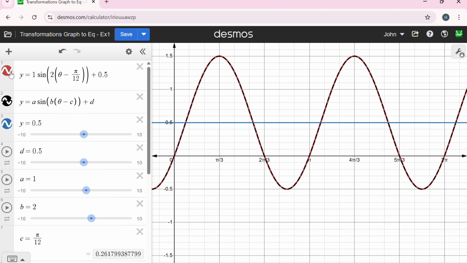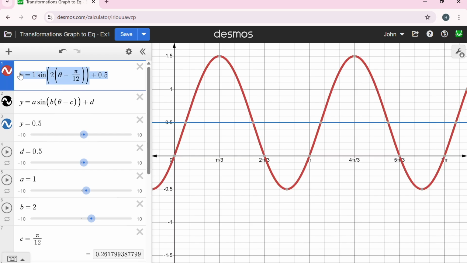Sure did, because there's our y equals 1 sine of, in brackets, 2 times theta minus pi over 12, close the brackets, plus 0.5. Okay, so there is our transformed graph. So we know that this graph is written in terms of this sine function right here. So this is our first part, part A.